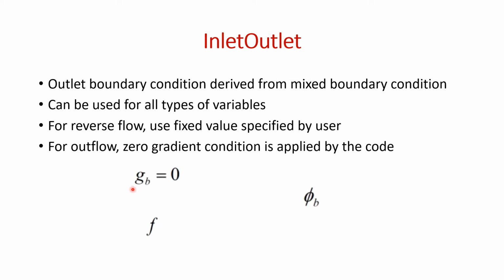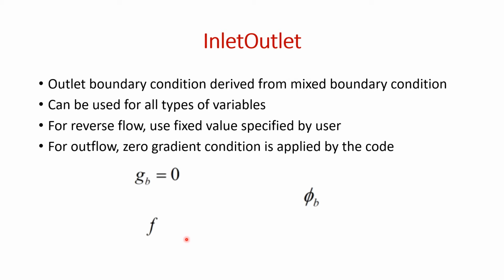If you remember the equation for the mixed boundary condition, no issues. I am going to write that equation at the end, so I'll show how we are implementing this inlet outlet using the mixed boundary condition.